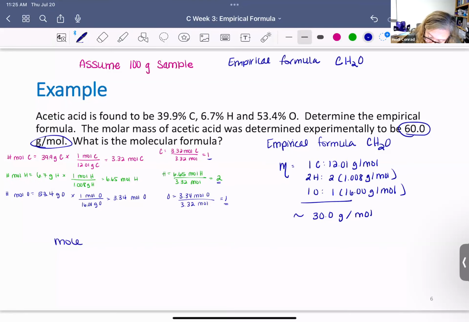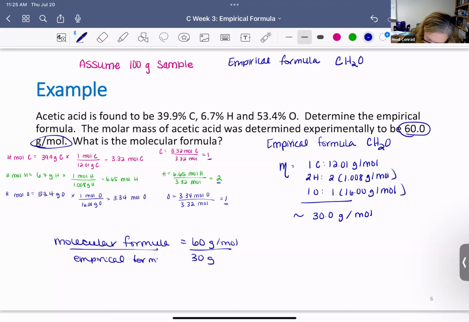My molecular formula: 60 grams per mole divided by my empirical 30 grams per mole gives me a ratio of 2.